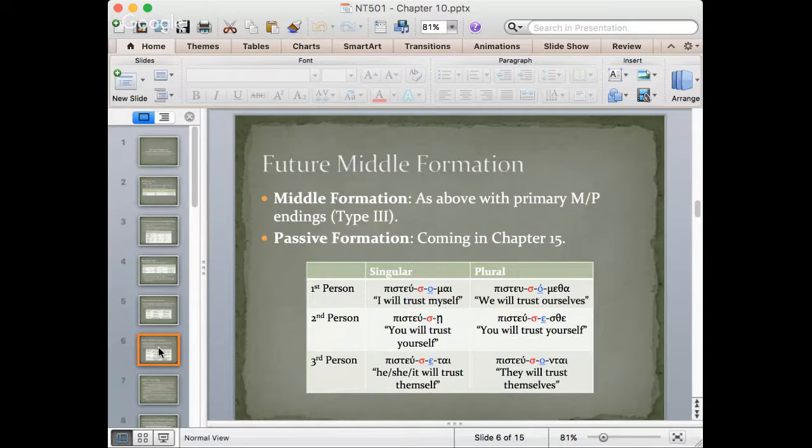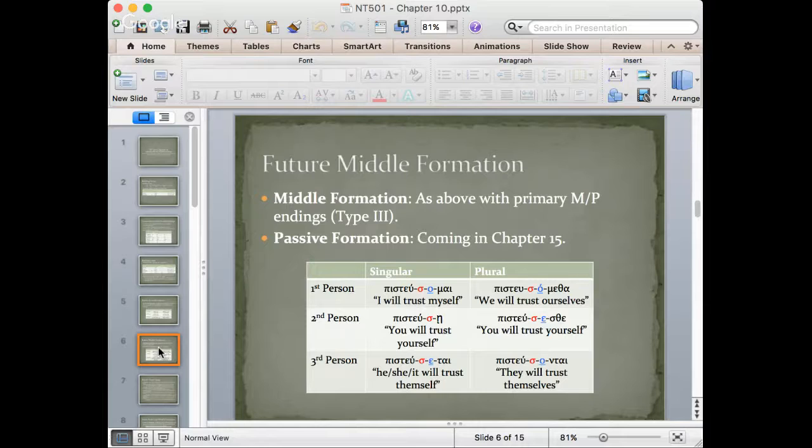For the future middle, I took pisteu again, and I just showed what this looks like for the future, which is you take the type 3 endings that we've come to know, and it's just all the type 3 endings with a sigma. Again, I've underlined and highlighted that connecting vowel. Again, it's never going to actually matter, but I want you to see them.